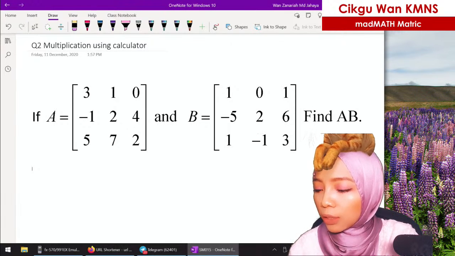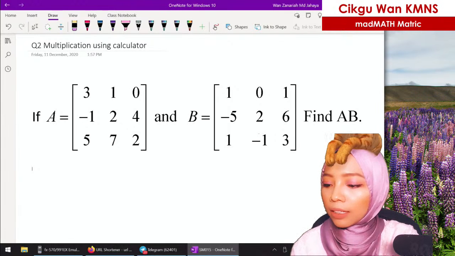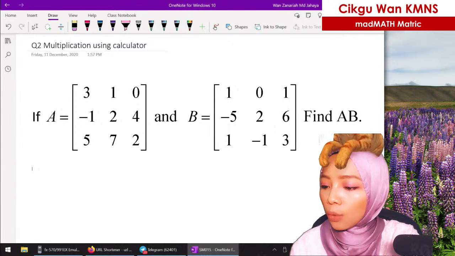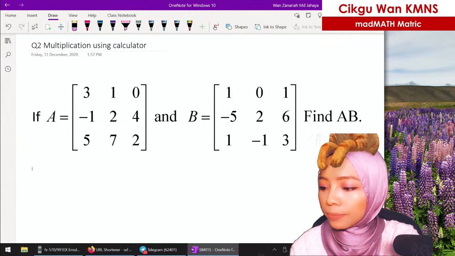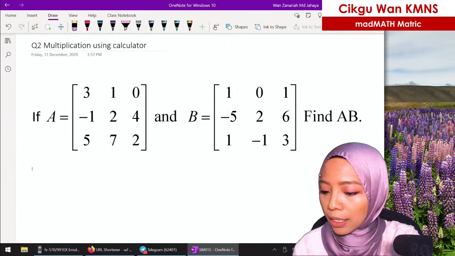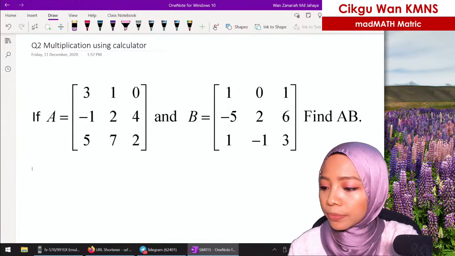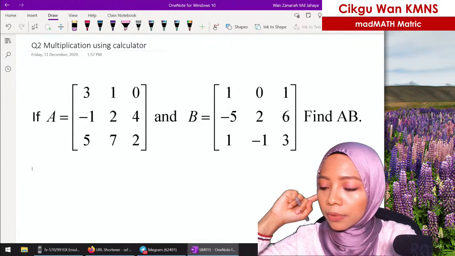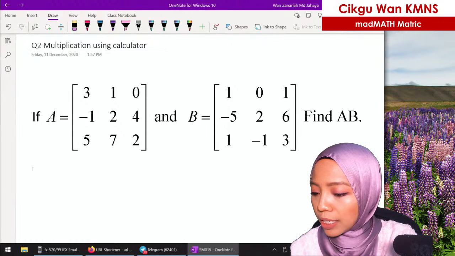Kemudian yang kedua, you're gonna multiply the first row and the second column. 1 plus 8 plus 3, and then here, negative 4, 0 plus 10. And lastly, negative 2 plus 5. Okay. So now it will give us 2.